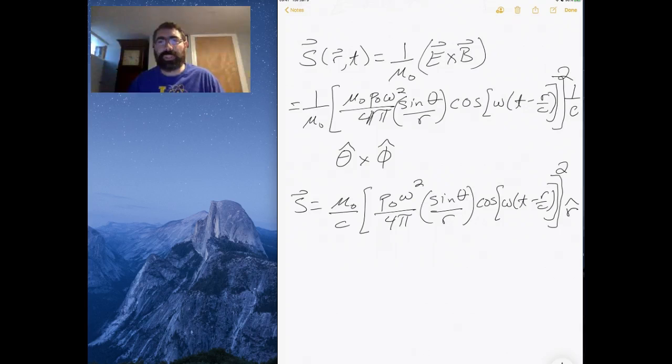So now the electric field is pointing in the theta direction, magnetic field is pointing in the phi direction, and the power is now radiating outward in the r direction. So its power is radiating radially. It's moving radially.